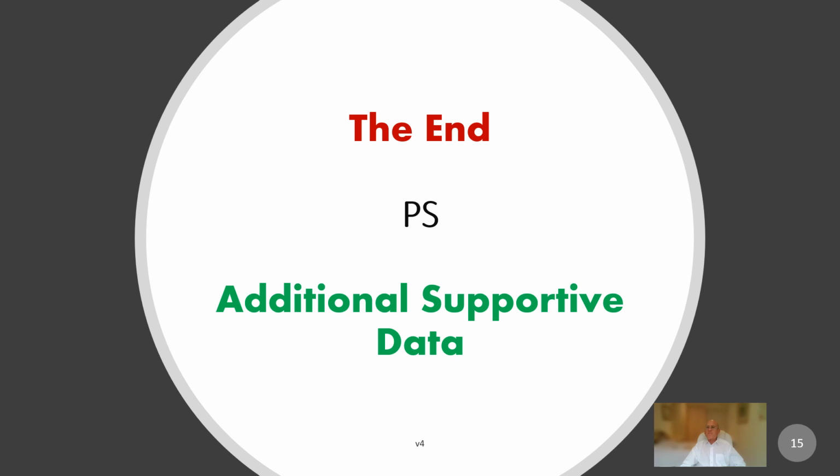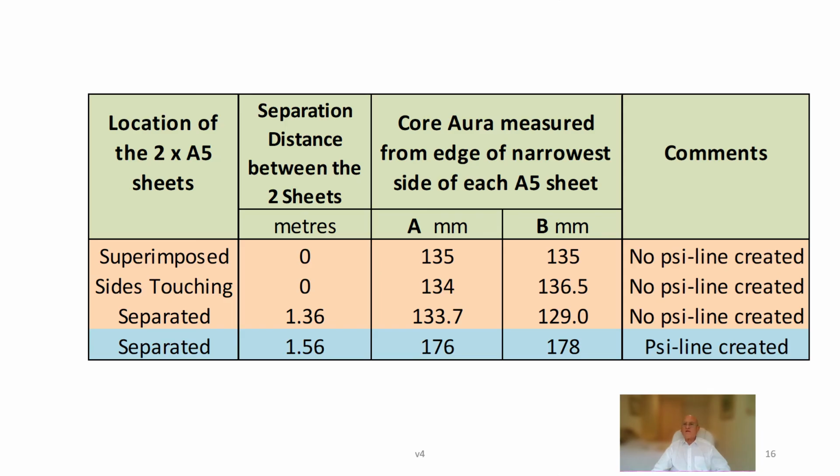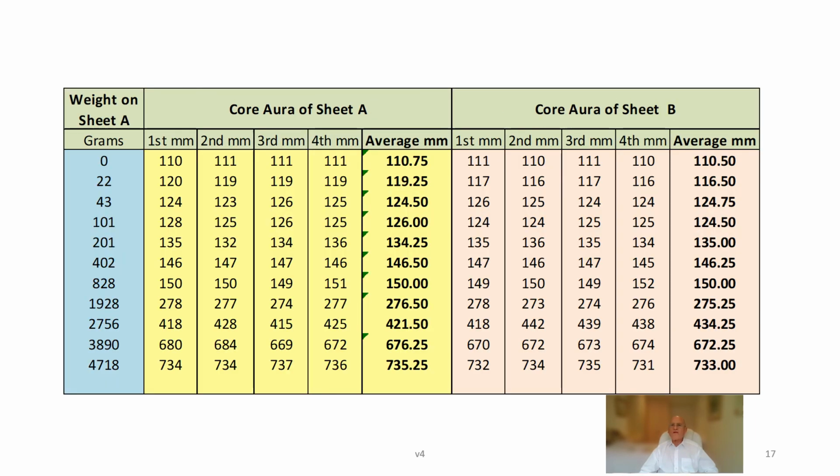There follows a brief selection of supportive charts, tables and graphs without any detailed commentary. This shows when an entanglement psi line was created. It is on the bottom blue line. This is the data for the previous graph.